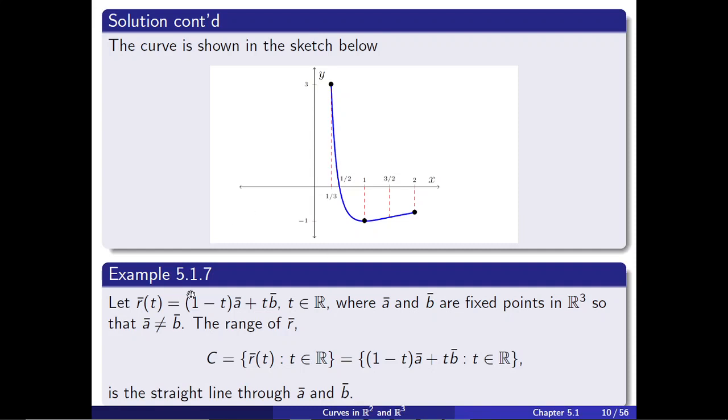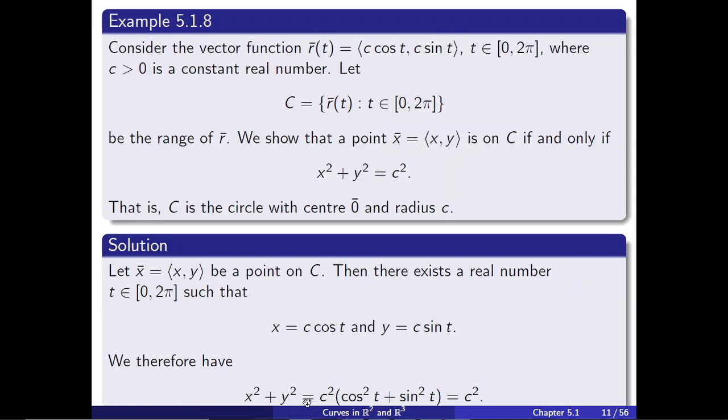So let's look at example 5.1.7 in the textbook, and it says let r of t be equal to that, and if you look at it closely, you see that we are familiar with this. This is just a straight line through A and B. So the range is just a straight line through A and B, right?